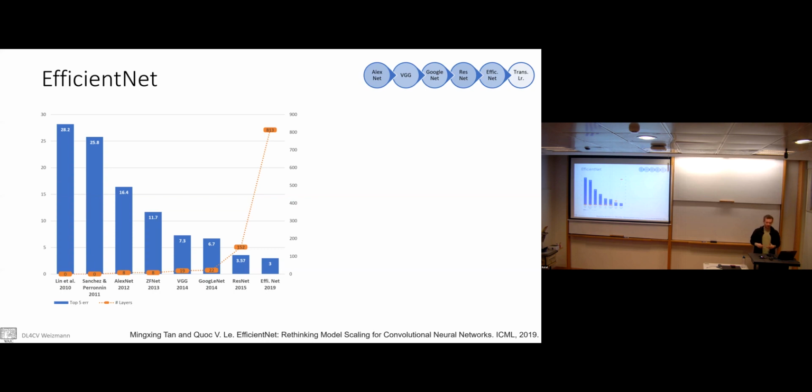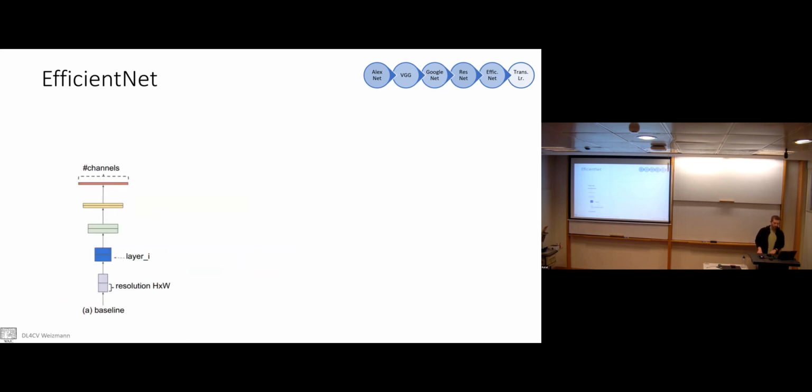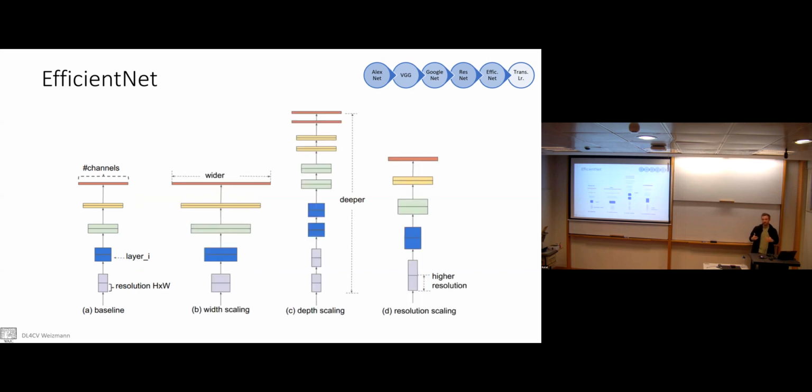They were able to train a network with hundreds of layers, and they found a way to scale the network very well. So they noticed the following. Usually we can expand our network in 3 different ways. First, we can increase the width, meaning increase the channel dimensions in each convolutional layer. We can increase the depth just by stacking more and more layers one after another.